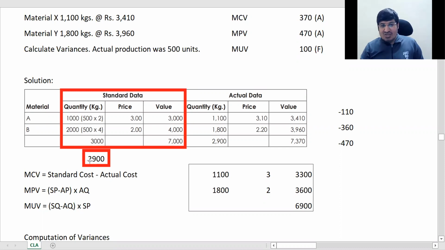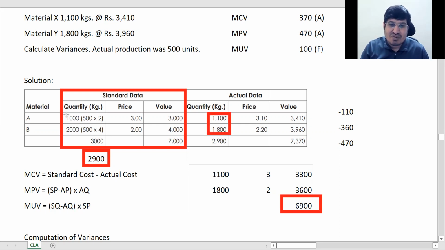Okay, and this 2,900 I'll compare with this. ठीक है. ये आपका actual है. Okay, this is your actual based on standard prices. So if I compare this 2,900 on standard with this, that will be because of change in this mix. Okay, there will be no other reason than this for that variance.